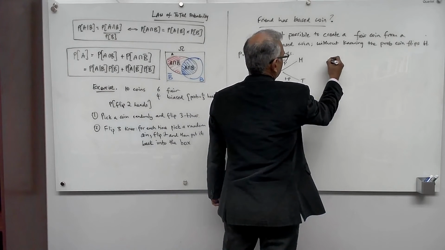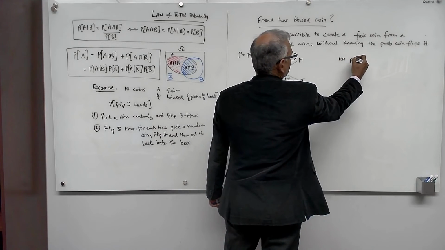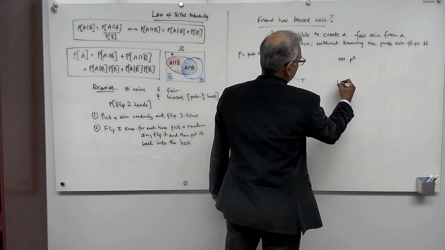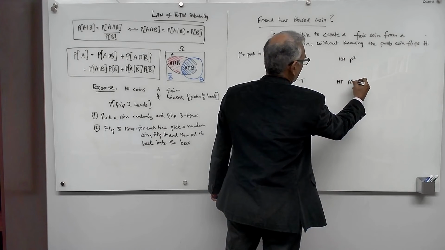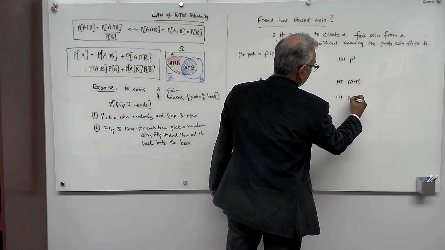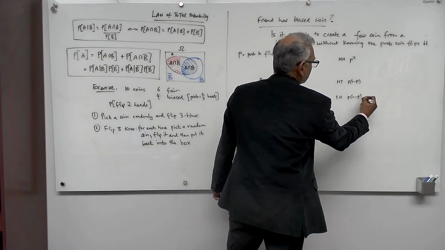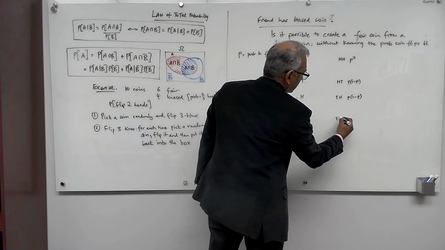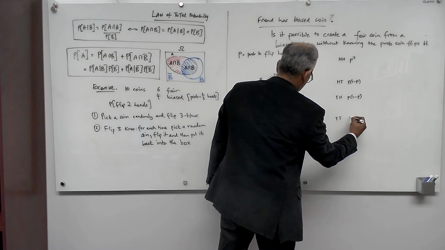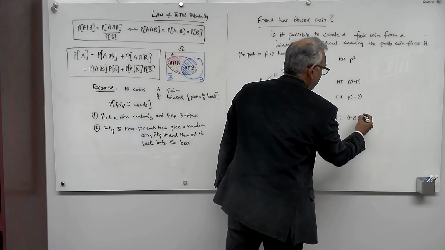The outcome is heads heads with probability P squared, heads tails with probability P times 1 minus P, tails heads with probability 1 minus P times P, and tails tails with probability 1 minus P squared.